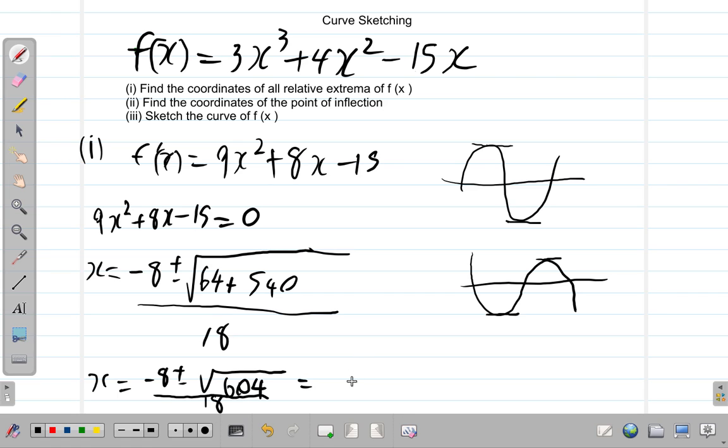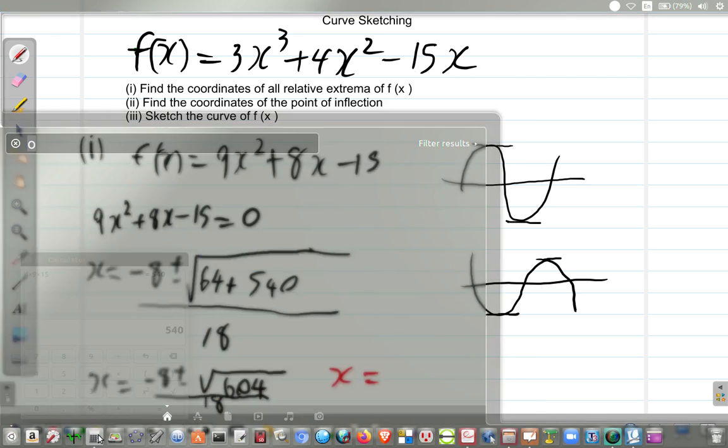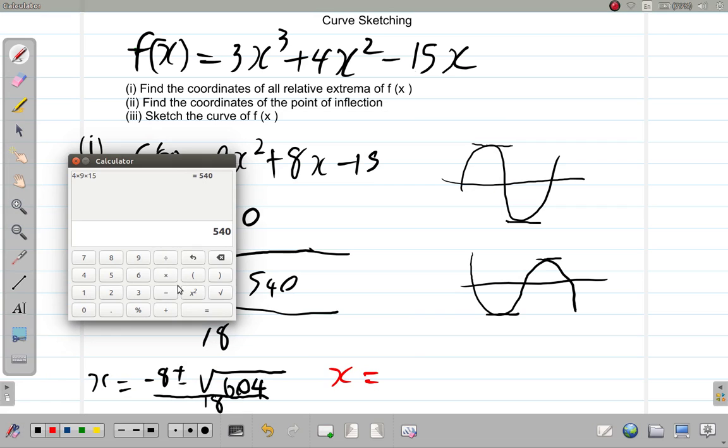So what you have will be 2 values of x. Let's write this now. x equals negative 8 plus the square root of 604, over 18, which gives 0.921.